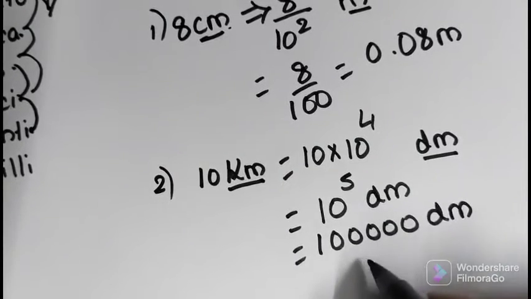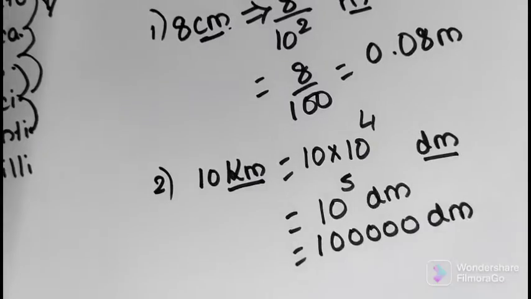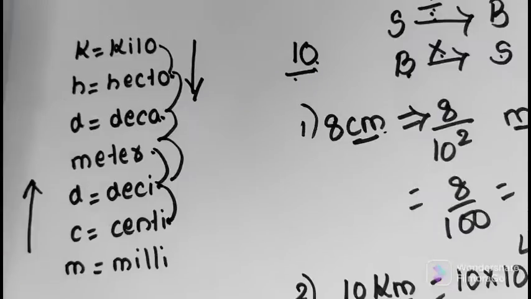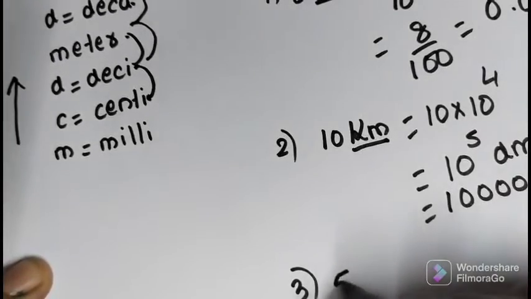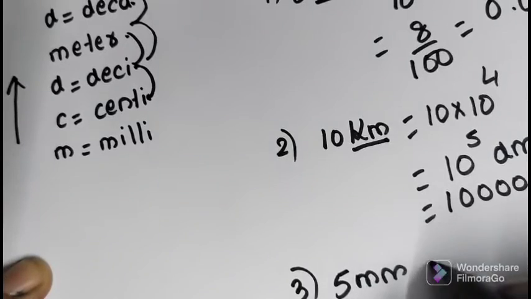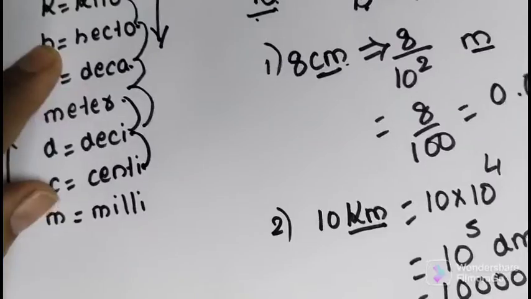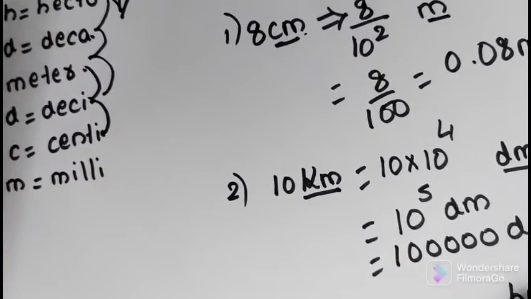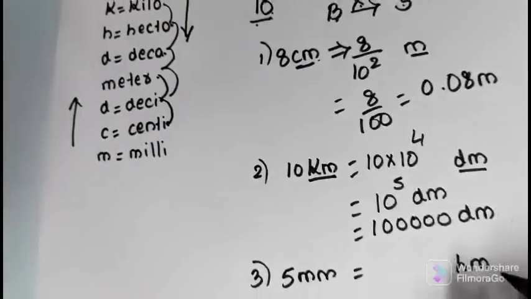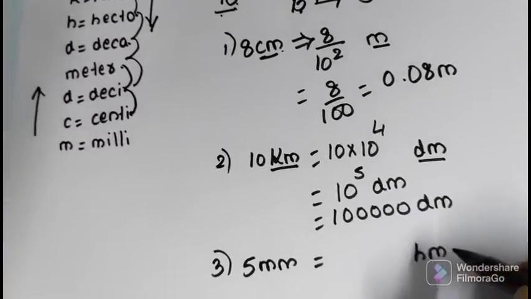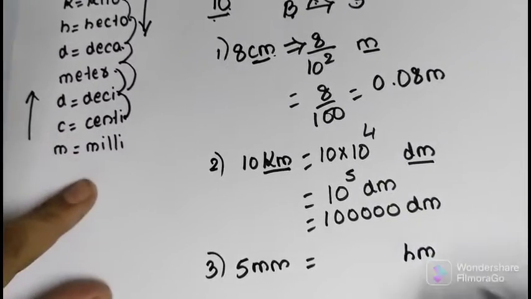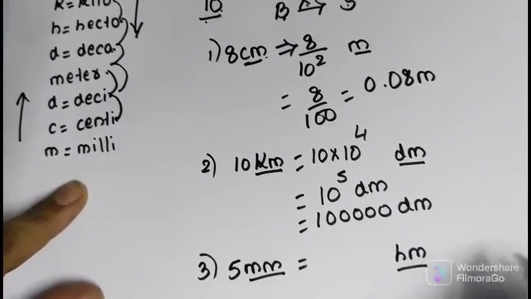This is the answer. Let me take another example. Let's take 5 millimeter and convert it into hectometer, HM. Now from small to big, what did I say?